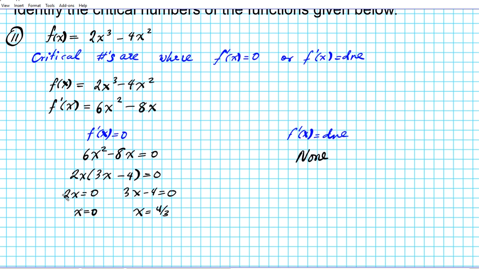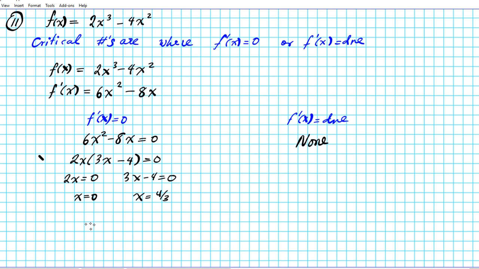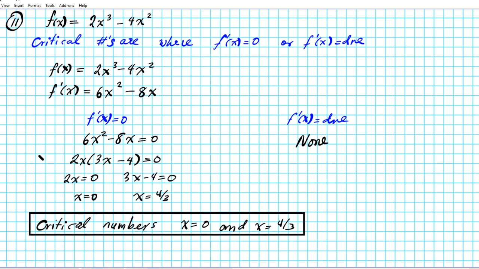That ends the story for us. We now know the critical numbers are x equals 0 and x equals 4 over 3. So that's the answer to question number 11.